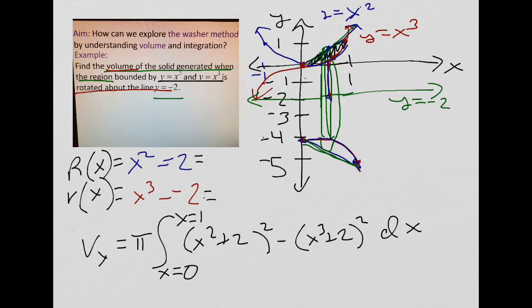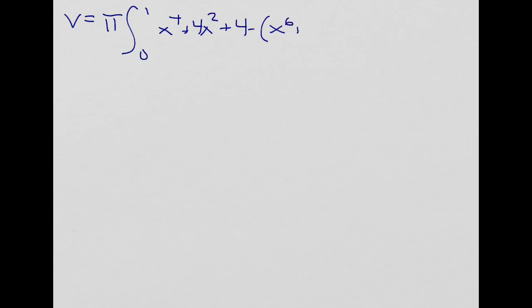All right, so take a look, make sure you understand it, and we're going to start solving. Okay, so also take a moment to get it down if you didn't get it down already. Okay, so our volume is pi times the integral from 0 to 1 of the expression x to the 4th plus 4x squared plus 4, and we're subtracting the quantity x to the 6 plus 4x cubed plus 4.